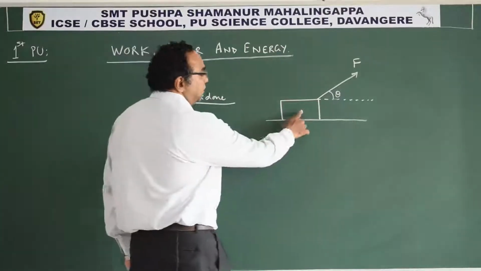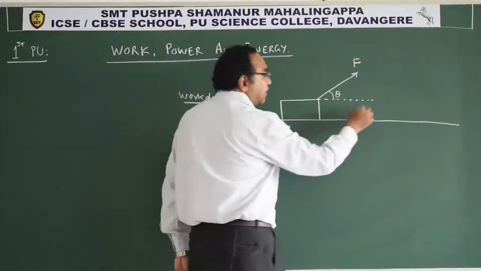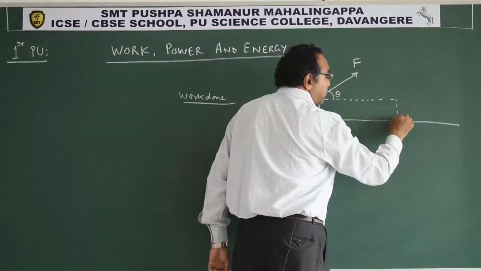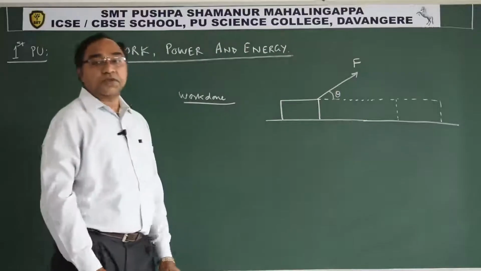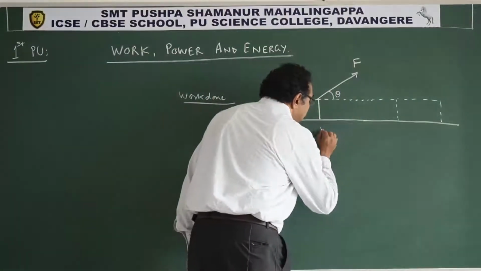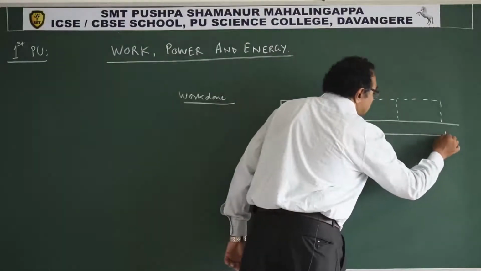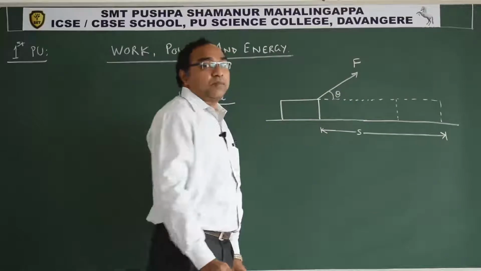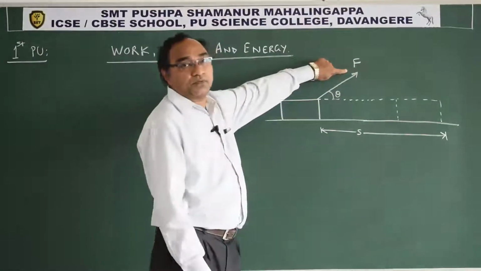This body will start getting displaced, and let us say it comes to this position. This is the new position taken by the body. Now this is the displacement in the body because of the application of the force.